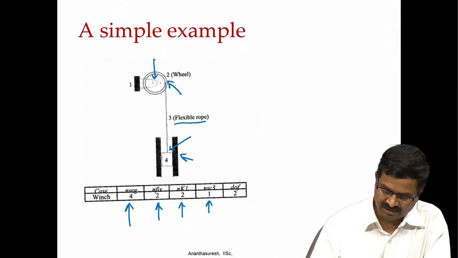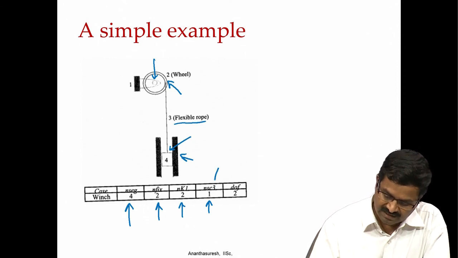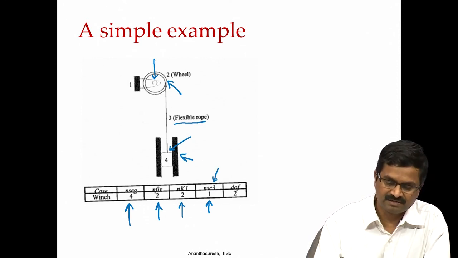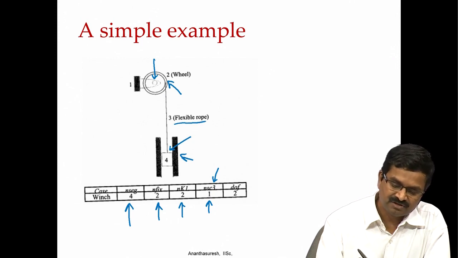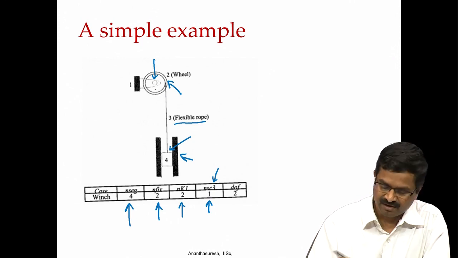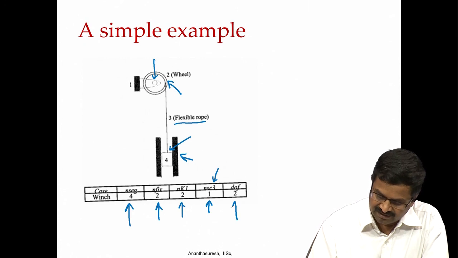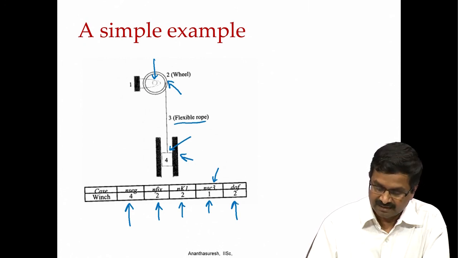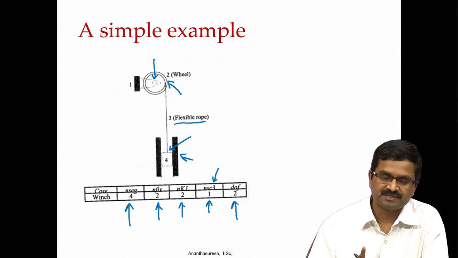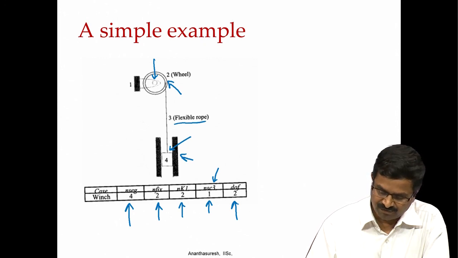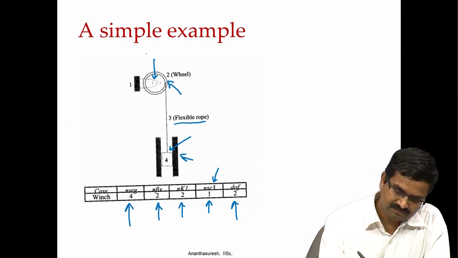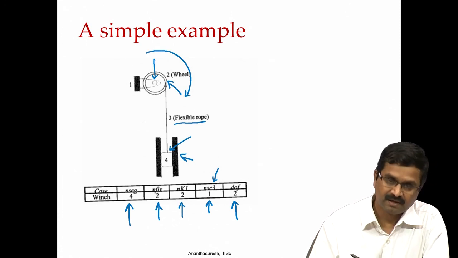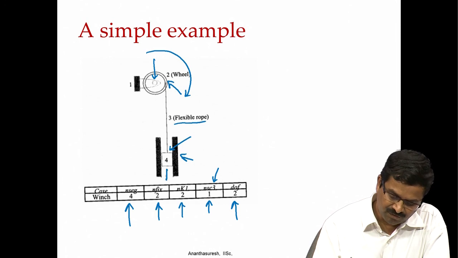The flexible rope has segment compliance of 3 because you should be able to extend here as well as go around the pulley. If you take that, you will get degrees of freedom 2. Again, these are the maximum freedoms possible for this mechanism. One freedom you have to interpret, one is the rotation of the pulley. After you do that, the block will be positioned somewhere, and then we can apply force here.